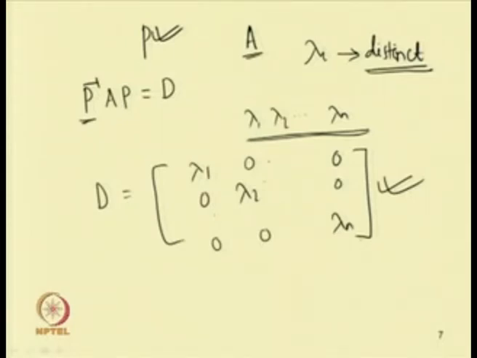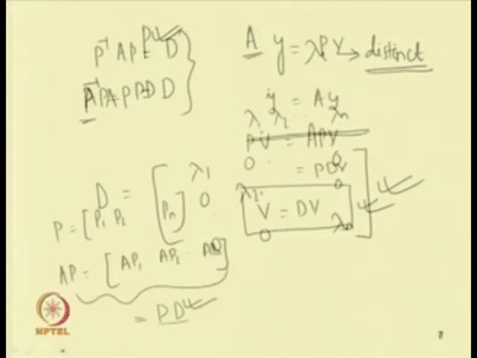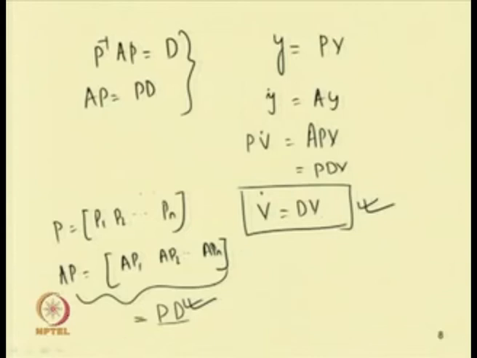So, as V dot equal to D V, the solution V will be, similar to the previous case, V equal to e to the power (t minus t 0) D into V 0, where V 0 equal to V at t equal to t 0.